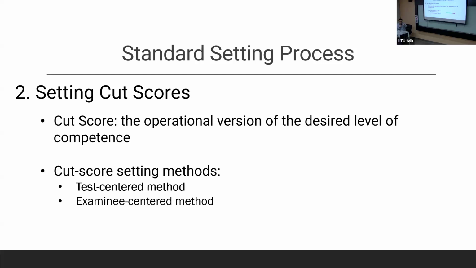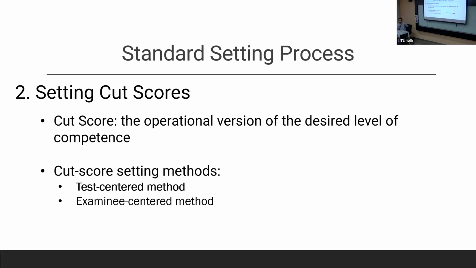I think this John is between B2 and B1. Sean is also B1 and B2. You may identify those small number of borderline students, right? And then you check their scores and then calculate the median, not the mean, the median, middle scores. That will become the cut points, right? That's what we call the examinee-centered method.